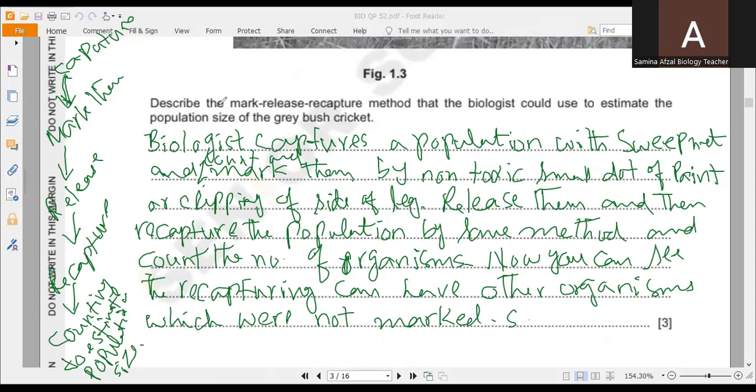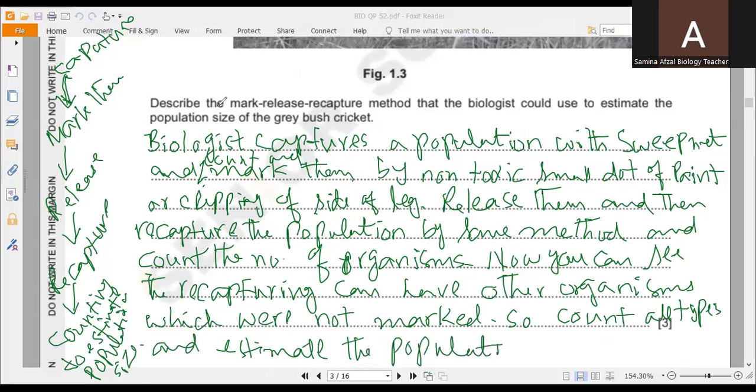So count them, all types, and estimate the population size.